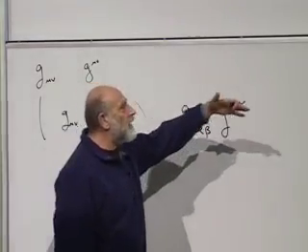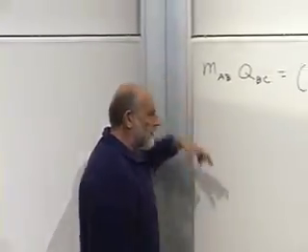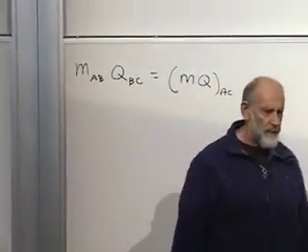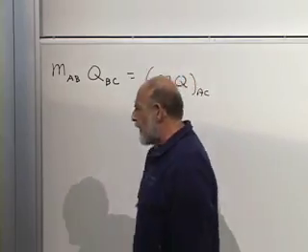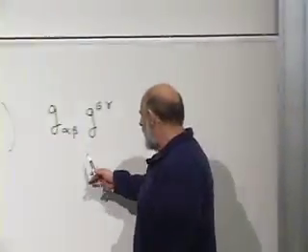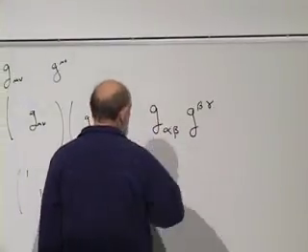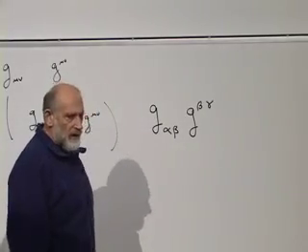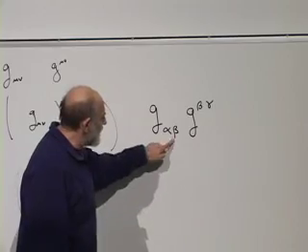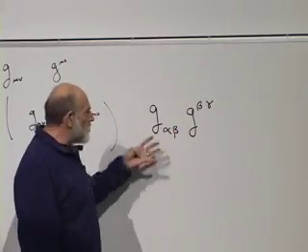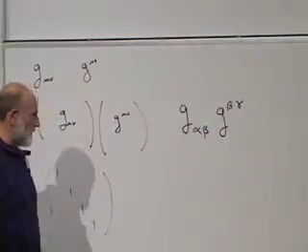Now notice over here we didn't pay any attention to covariant and contravariant components. We just thought about ordinary matrix products. Here we have a tensor with covariant indices multiplying a tensor with contravariant indices and summing over beta. But that's the matrix product of these two matrices.